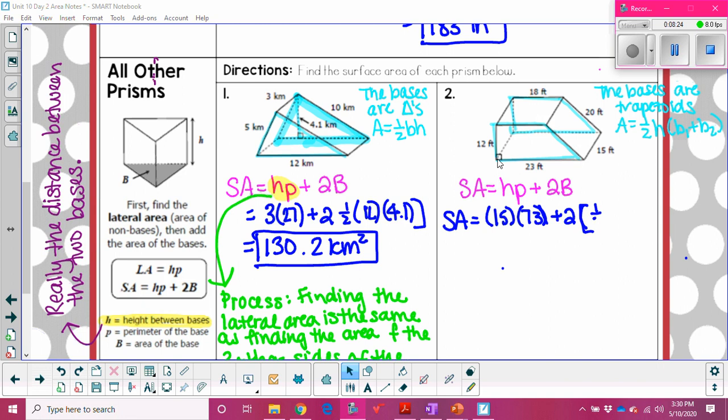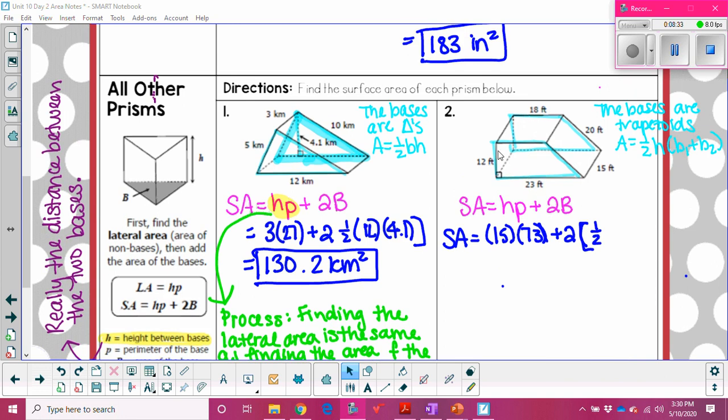It's 1/2 times the height of the base, which here, remember, the height and base of your base figure form a right angle. So the height is 12, and the two bases of your trapezoid are 18 and 23. So you add those together.